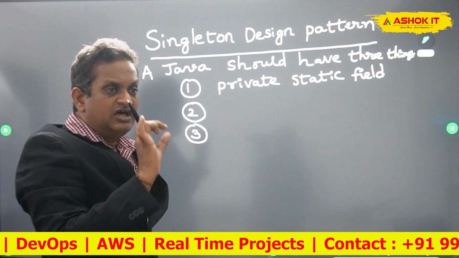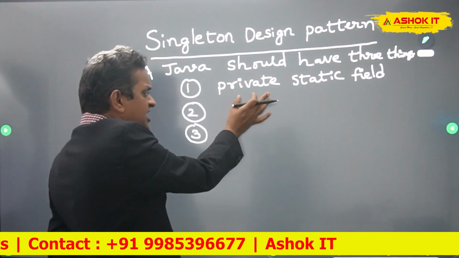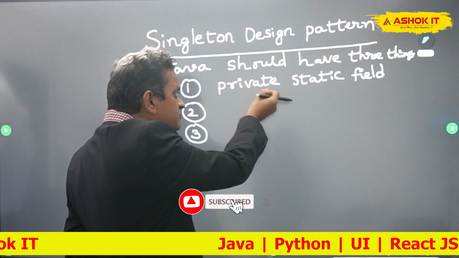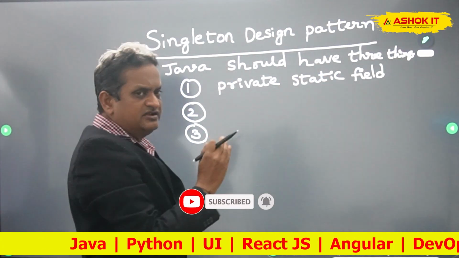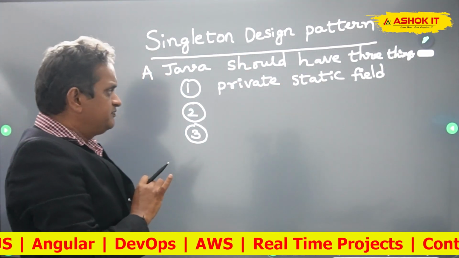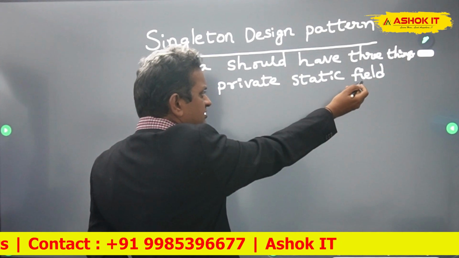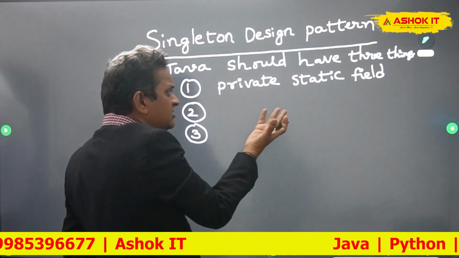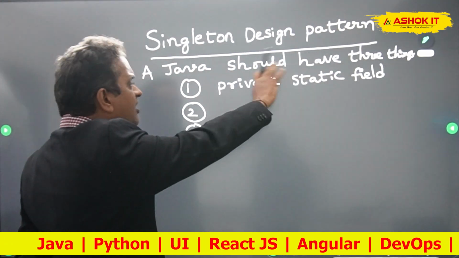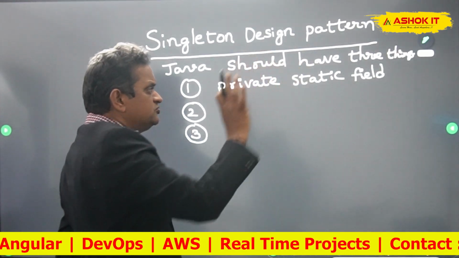The reference of the object you declare in the class with a private access modifier, and make that reference static. When I show you in the coding, you will get clarity. Field means here the variable, but which variable? The reference variable of that class, of that object you have to create. It should be private and it should be static.